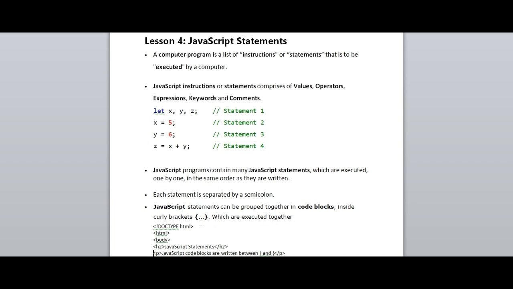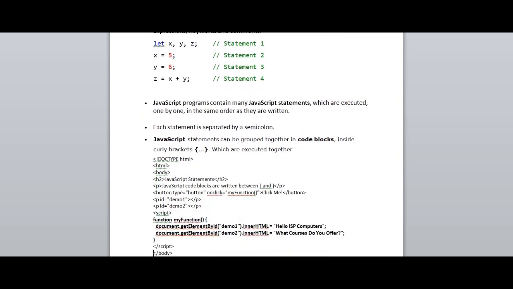So let's look at the program. Let's go down. Look at the program: doctype, HTML, body. We are all used to this. Now, like we said, JavaScript starts with the script tag. This is the opening script tag. This is the closing script tag. In the script tag, we have function myFunction, open and close bracket. Now look at the curly braces here.